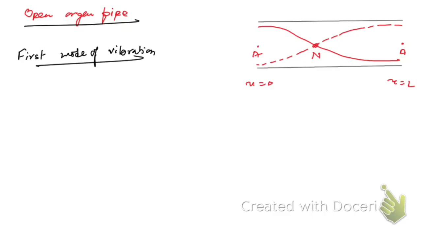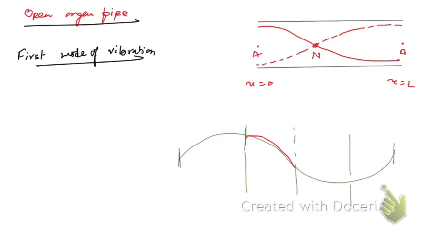Here you see, if you imagine the complete wave like this, this is lambda, and if you divide this lambda into 4 equal parts, this portion of the wave, 2 out of 4, that means half of the wave, is inside this pipe in the first mode.